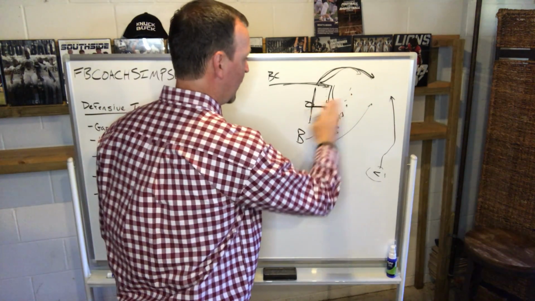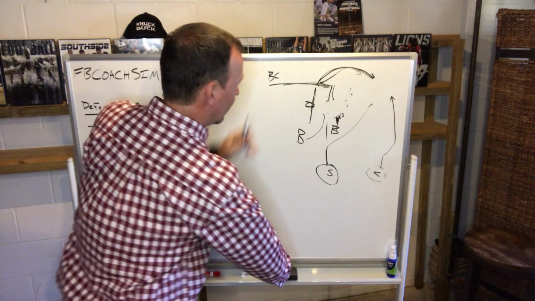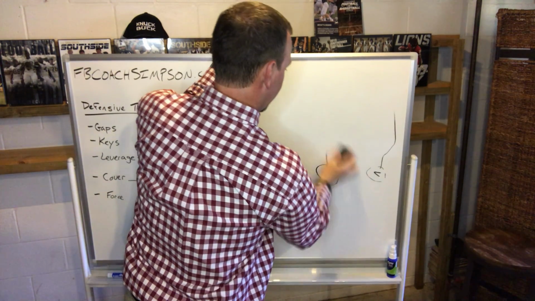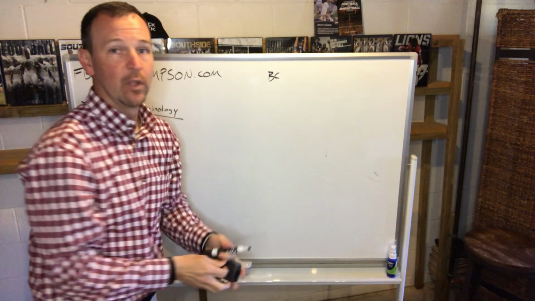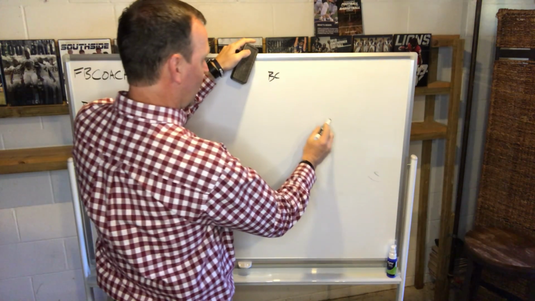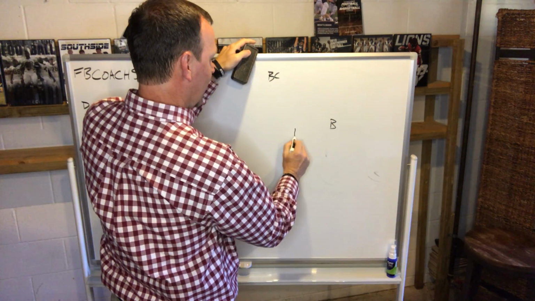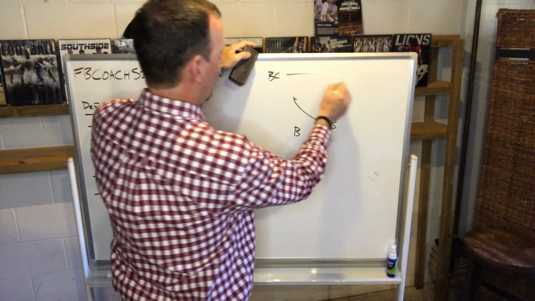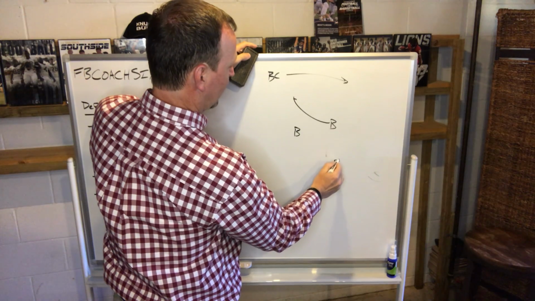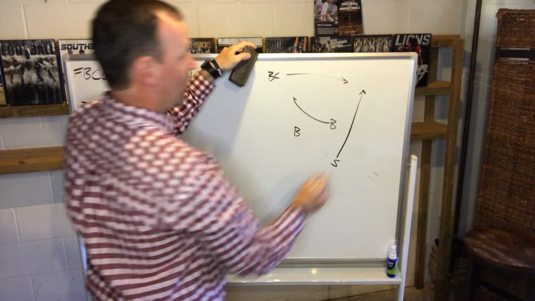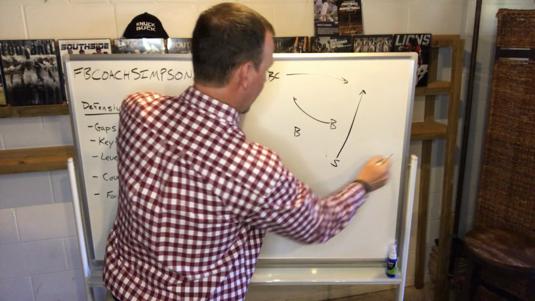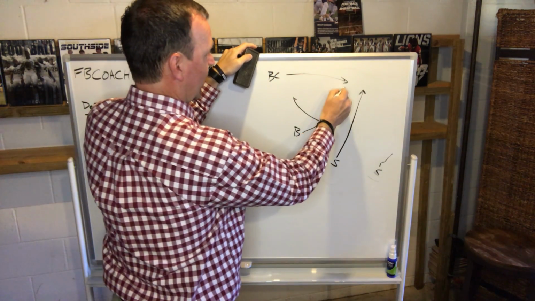I put our safety up here because you can play this different if there's a stunt called. So if I've got a ball carrier here, let's say that we're running some kind of blitz where he's coming underneath in some kind of twisting action, and the ball's going there. Well, now our safety has to become the force player, go attack it. Our corner stays on contain, and now we're working inside hip right there.